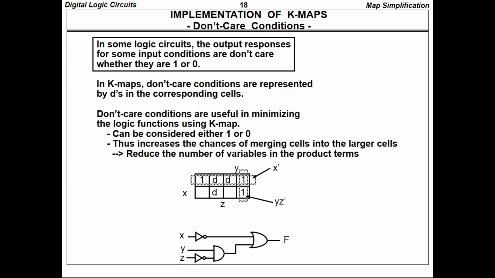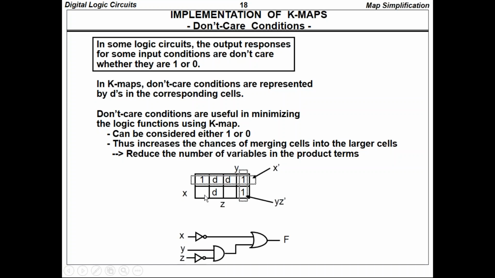In this K map, here is one D, here is also D, and here is also D, and the remaining empty boxes are zeros. Here we take these D values as 1 because a grouping is possible. If we take this D variable alone, there are no adjacent ones, so we do not consider this D, and this variable is taken as 0.